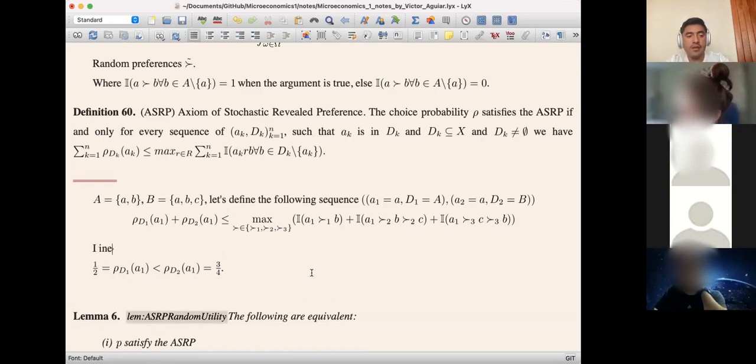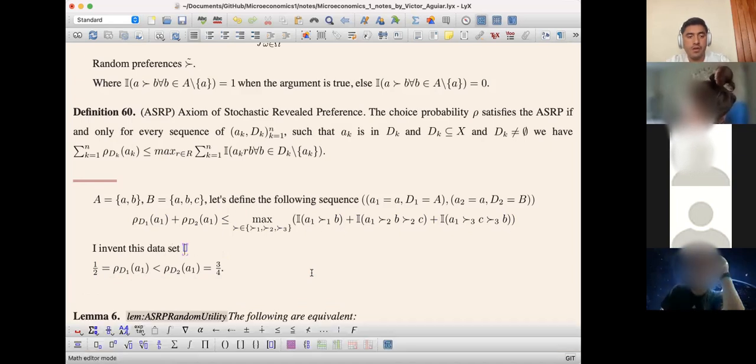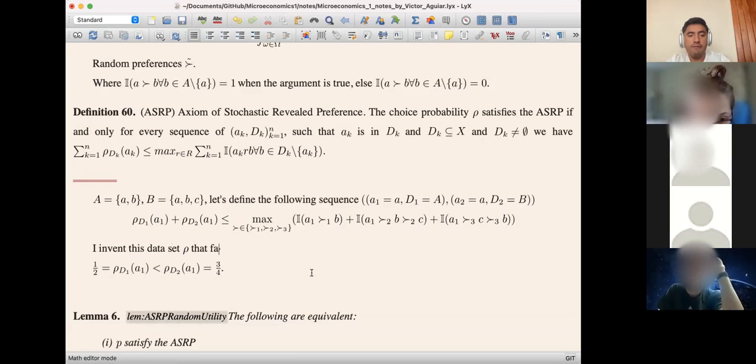So I invent this data set that fails random utility because it violates regularity.